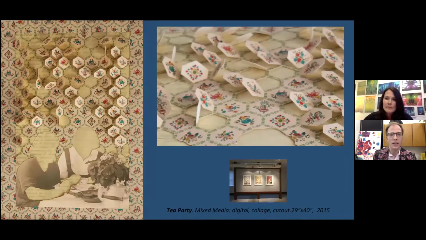Can you talk about the delicacy that's at play here and the time and focus that it takes to do this kind of work? Because I look at this and I certainly don't know that I have the stamina to do work on that scale and with such a number of pieces.